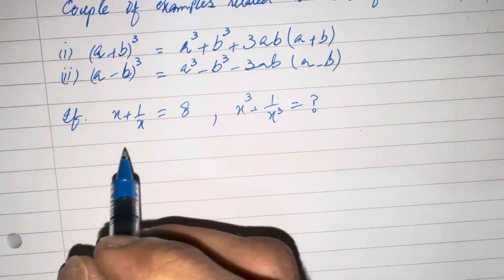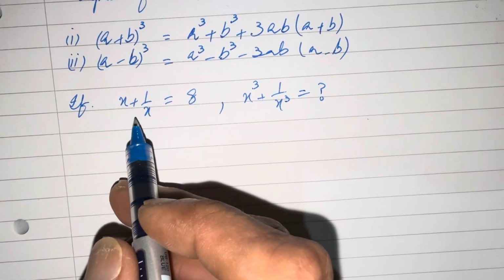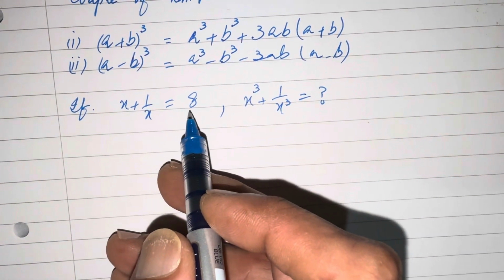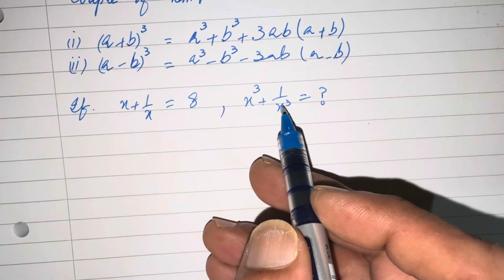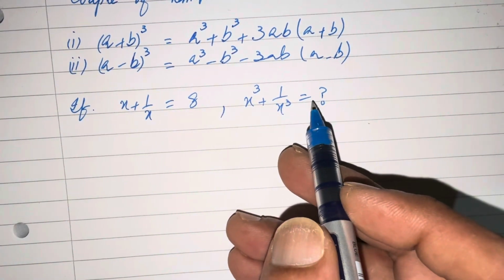So if x plus 1 over x is given as number 8, we have to find the value of x cube plus 1 over x cube.